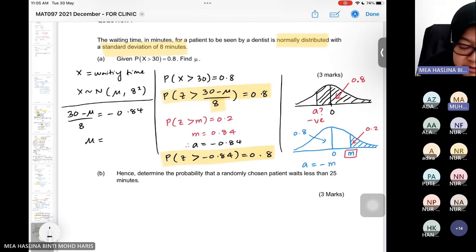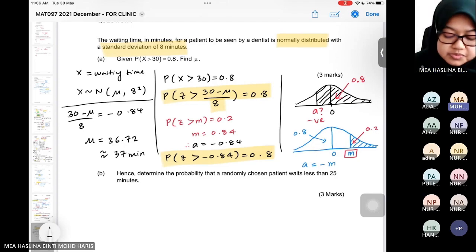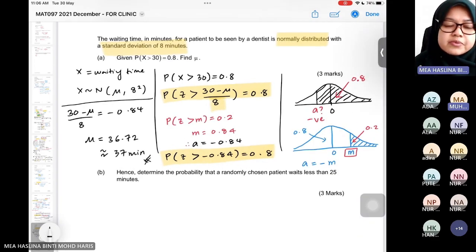Negative 0.84 times 8 minus 30 multiplied by negative 1. So you will obtain 36.72, approximately 37 minutes. That will be the mean. Is it okay, everyone?